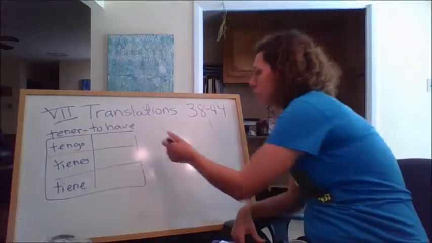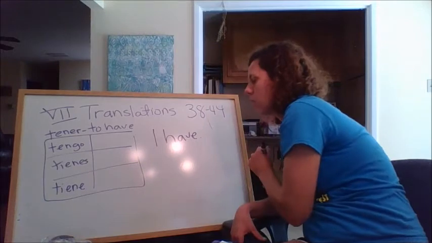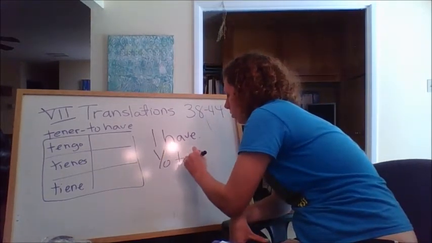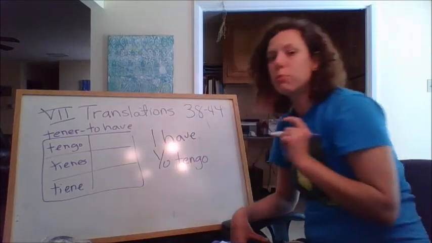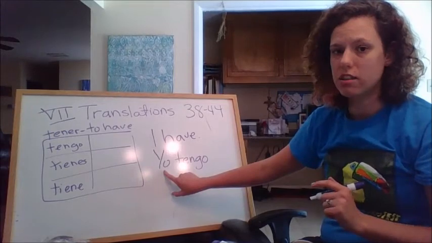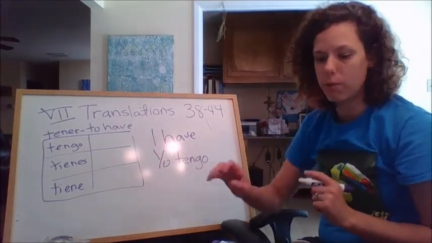That means if one of your sentences says I have, you have to say yo tengo. You have to prove to me that you know what the subject pronoun for I is, okay? So you can't just say tengo, you have to say yo tengo, right?